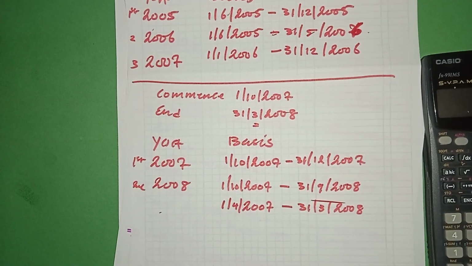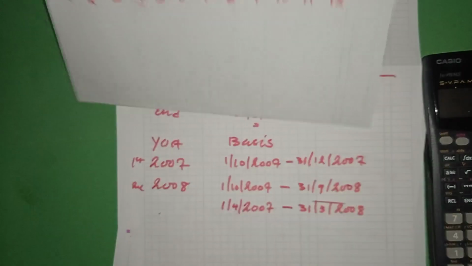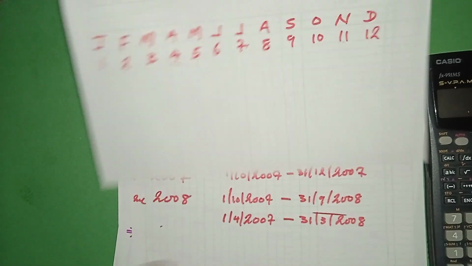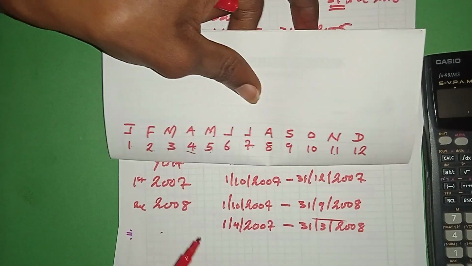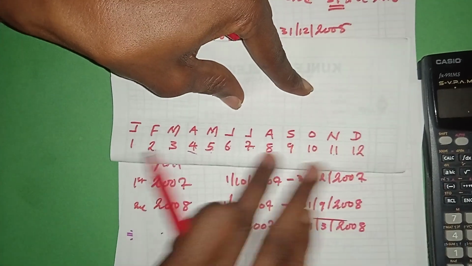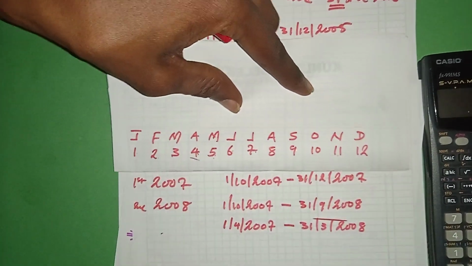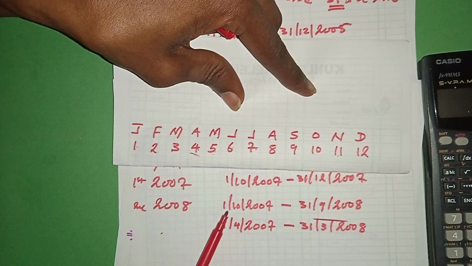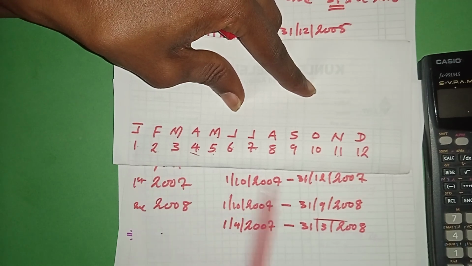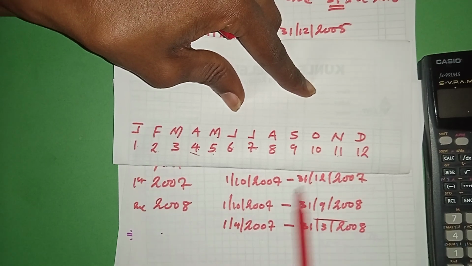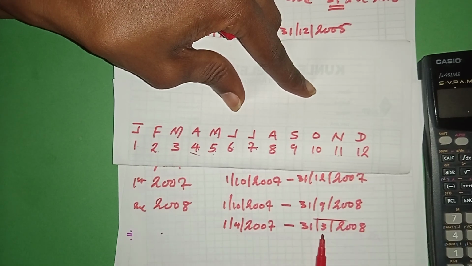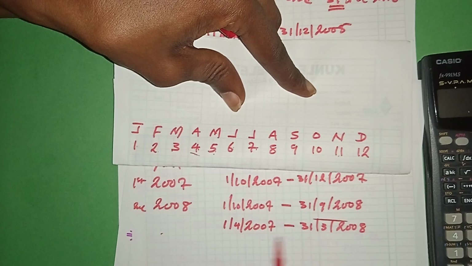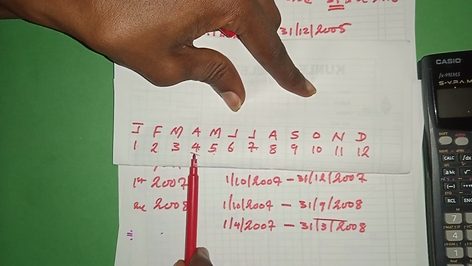if you check, let me still take you to the calendar. If you check well, you see this. Now, the business started October 2007, and we are tracing this back to April.